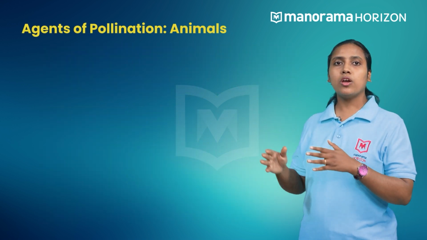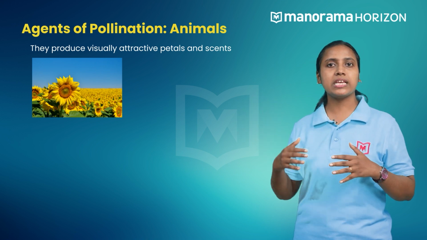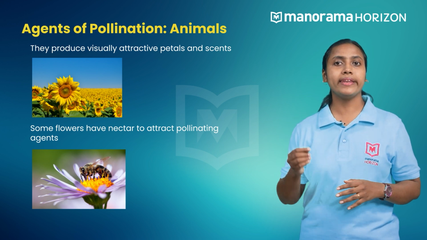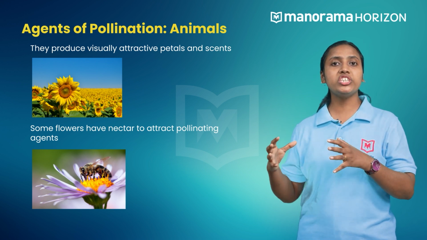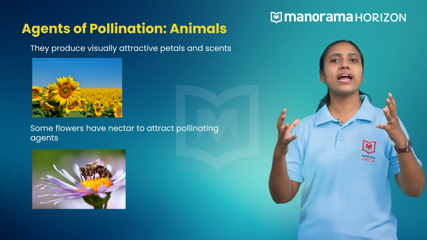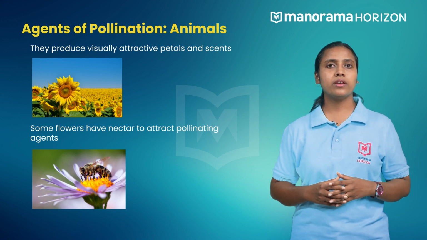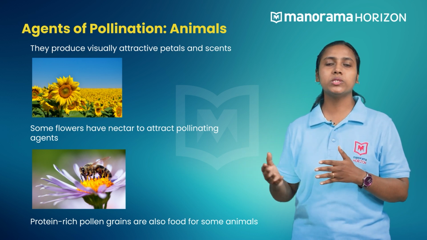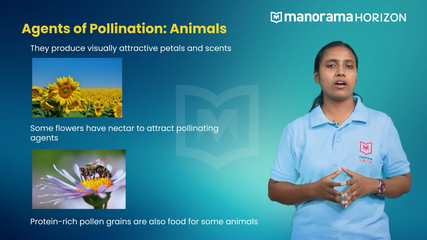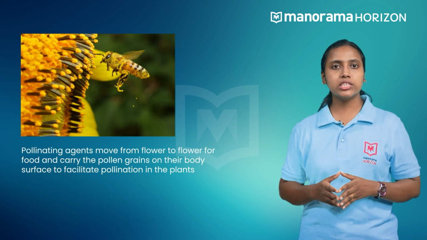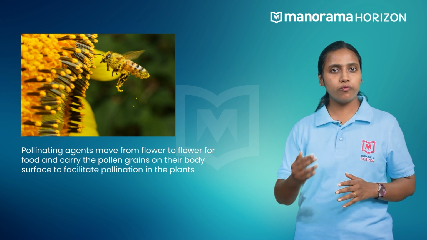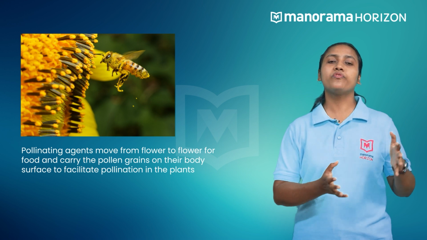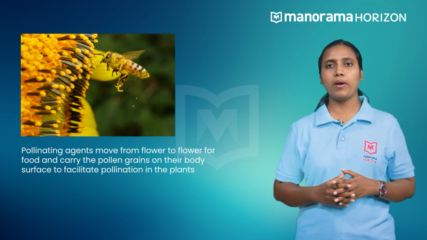They produce visually attractive petals and scents. Some flowers have a sugary substance called nectar, which is an energy-rich food produced to attract the pollinating agents. Protein-rich pollen grains are also food for some animals which then pollinate the flowers. Pollinating agents move from flower to flower for food and carry the pollen on their body surface to facilitate pollination in the plants.